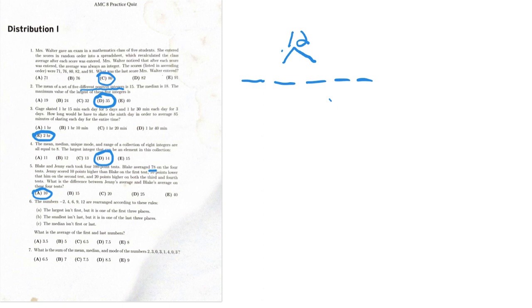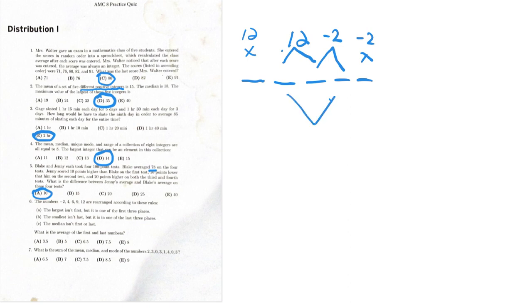And the smallest isn't last, but it is one of the last 3. So the smallest is negative 2, and the negative 2 will be here. And then the median is not the first or last.